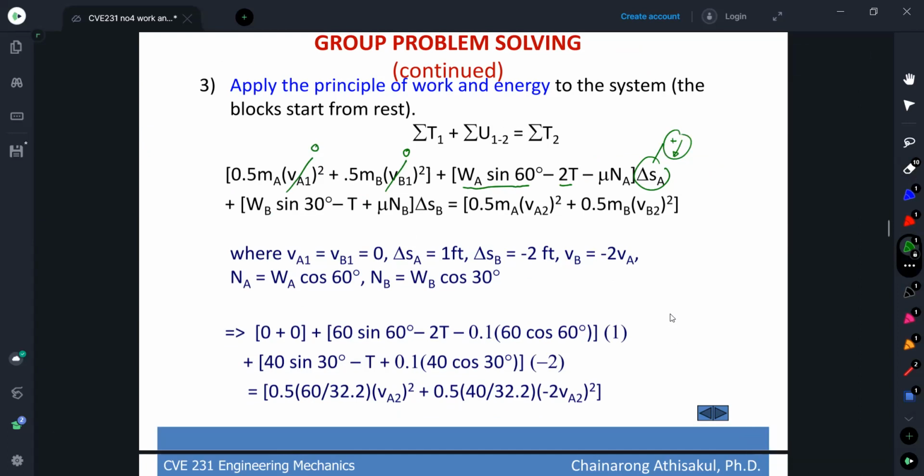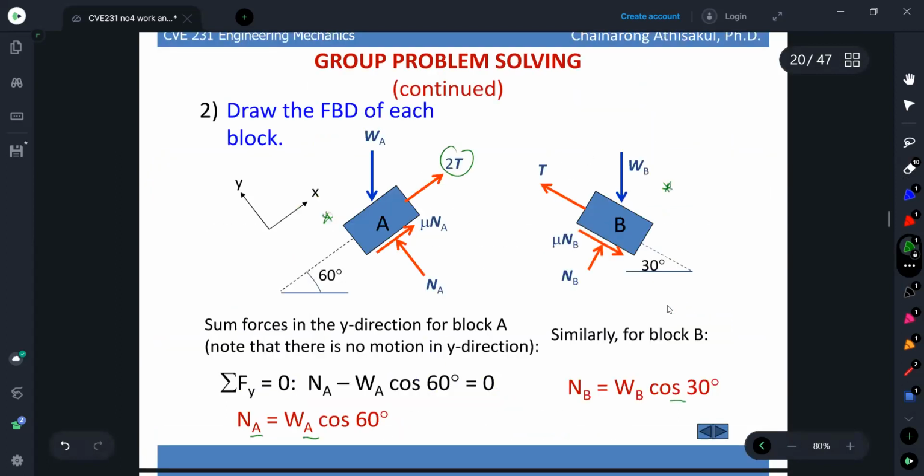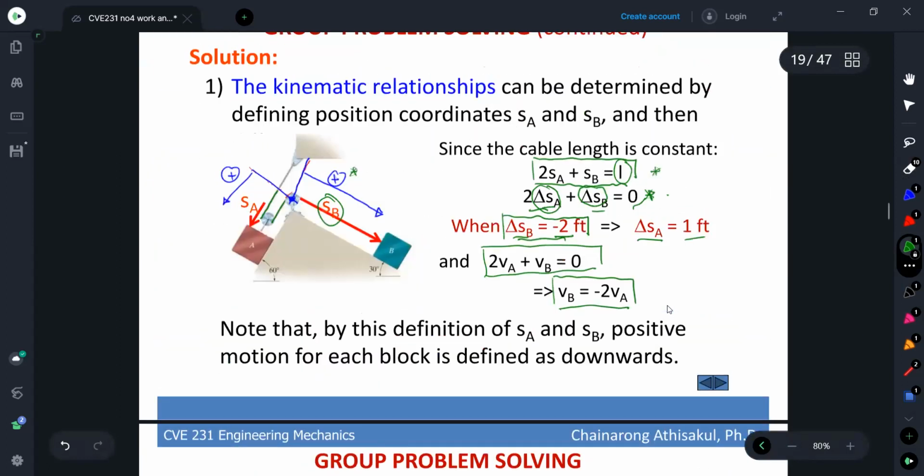In the same manner for block B, downward is the positive direction. From the free body diagram, for block A we have the weight and two tensions, 2T, because it is composed of two tensions when we cut off here, where we have the block and this is the pulley.